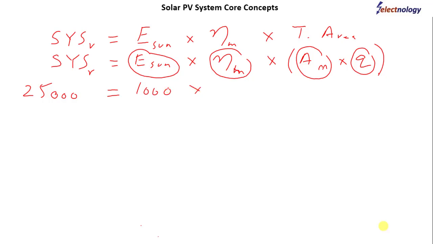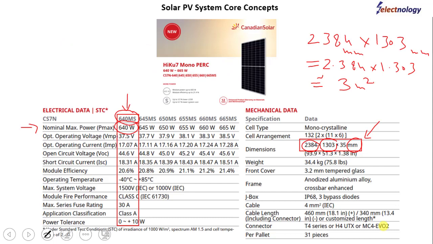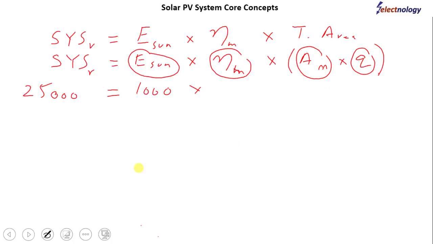Okay, efficiency of the PV module can also be selected from the data sheet. This is here 20.6, okay, so we will write 20.6%.